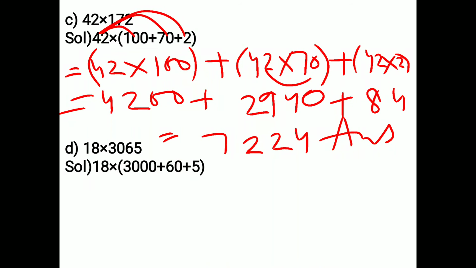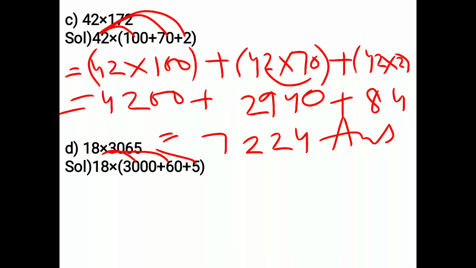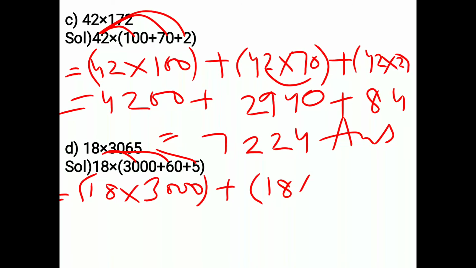Now we do D part. In D part, 18 into 3065. 3065, how do you write it? 3000 plus 60 plus 5. Now 18 into 3000 plus 18 into 60 plus 18 into 5.